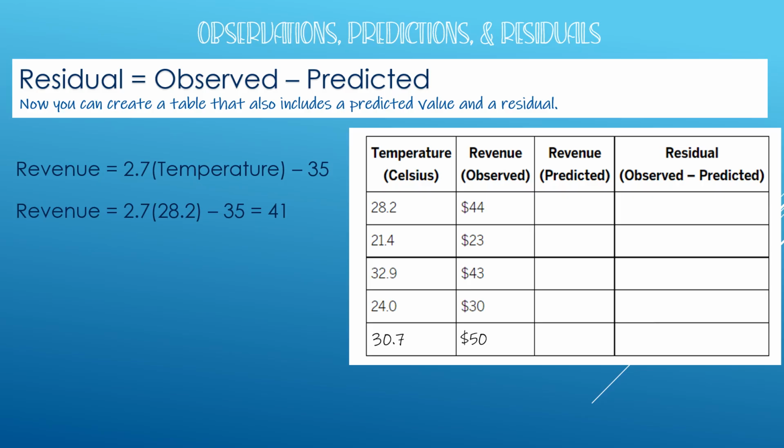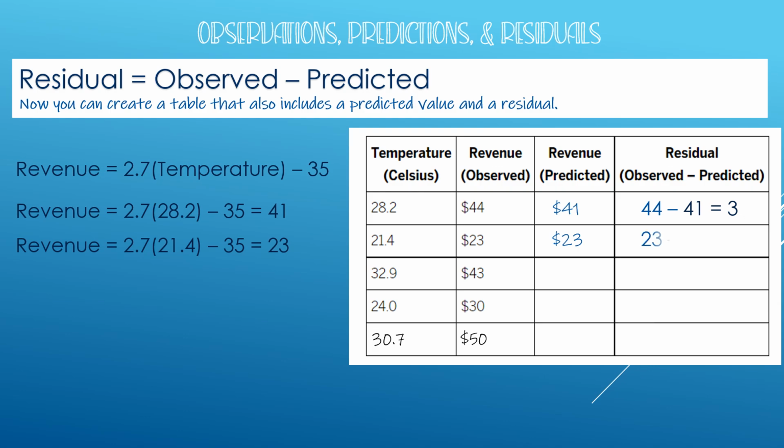So when we plug in the 28.2, we actually get $41 as the predicted revenue. If we subtract observed minus predicted, we get 3, because the observed was 3 more than the predicted value.